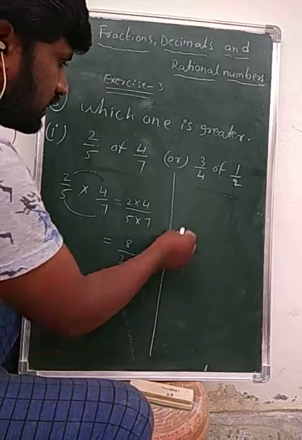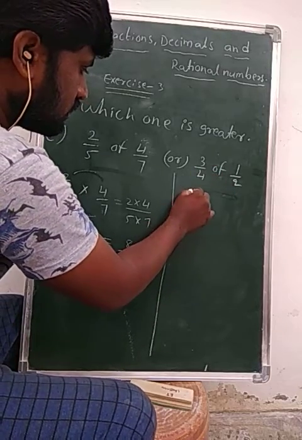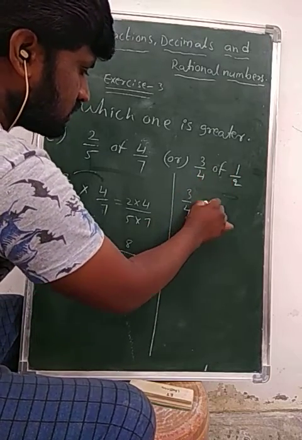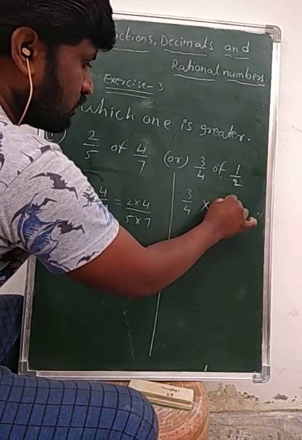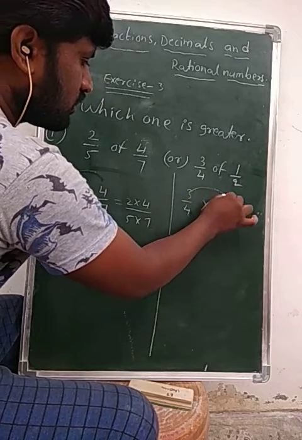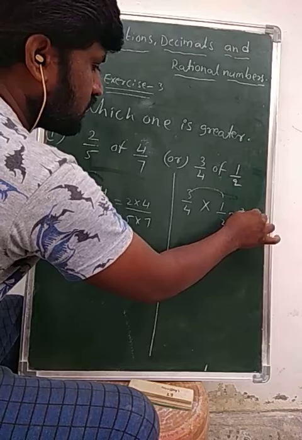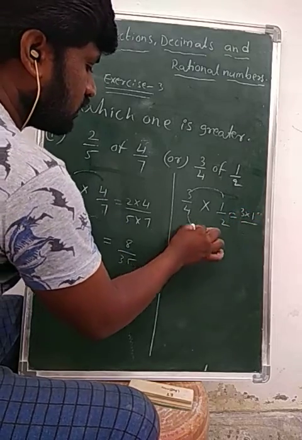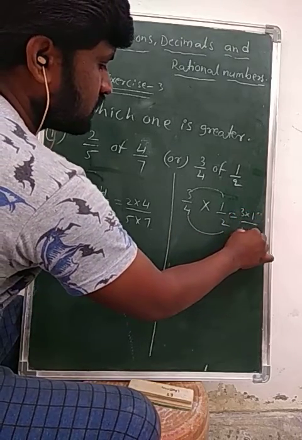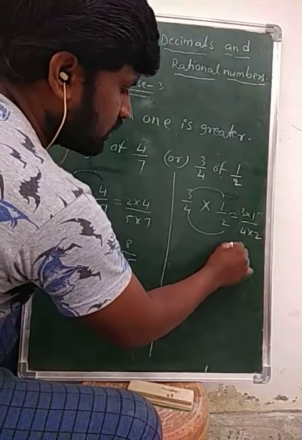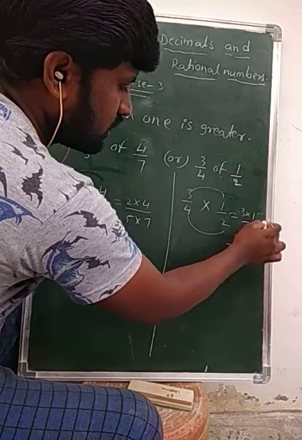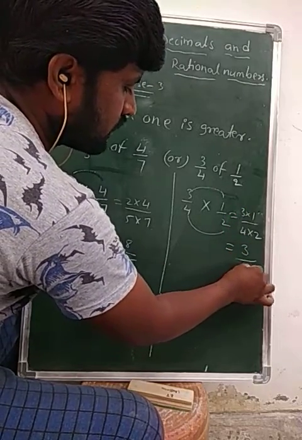And on this side also, 3 by 4 of 1 by 2. The product of their numerators is 3 into 1, by the product of their denominators, 4 into 2. That is 3 1s are 3 by 4 2s are 8.